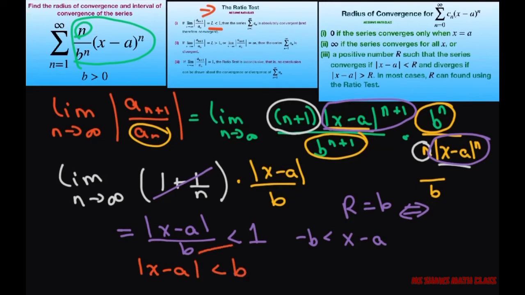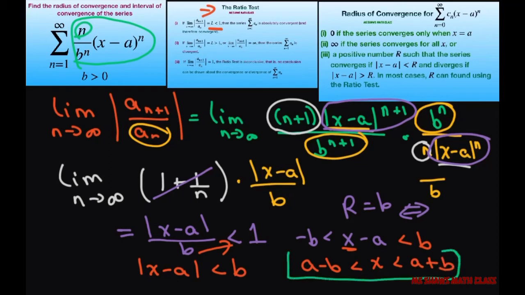So I'm going to cross multiply there. Now add a to both sides to solve for x, and you're going to get a minus b is less than x is less than a plus b. So there we have our radius of convergence.